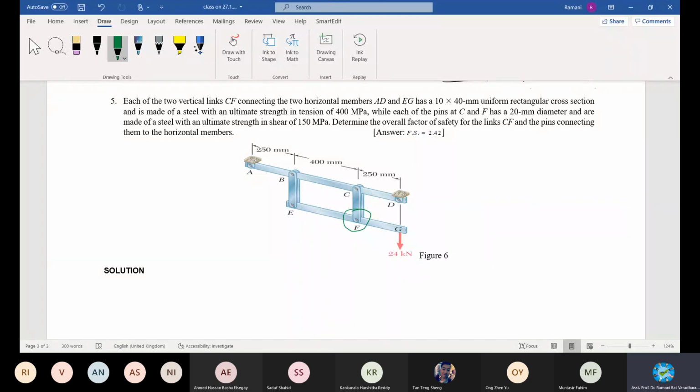You're asked to find, one moment, let me read from here. The dimensions are given to you, right? The dimensions of this one, depth is 40 mm. All are uniform material, uniform size, 40 mm. And the thickness is also given to you.